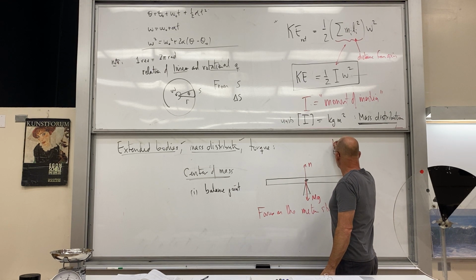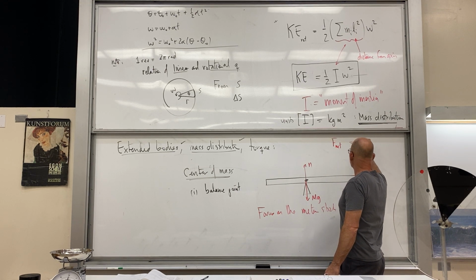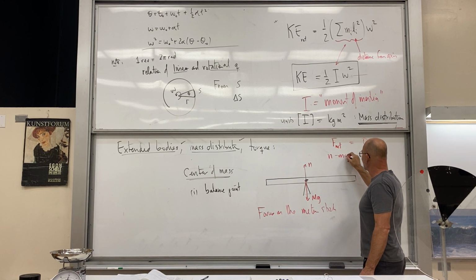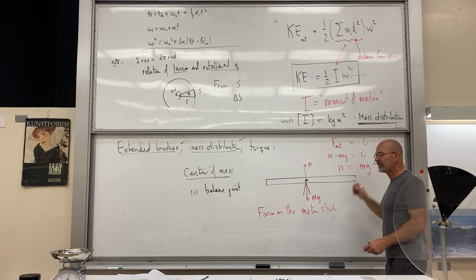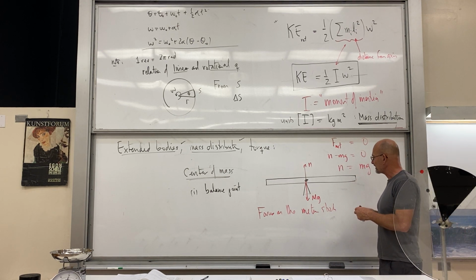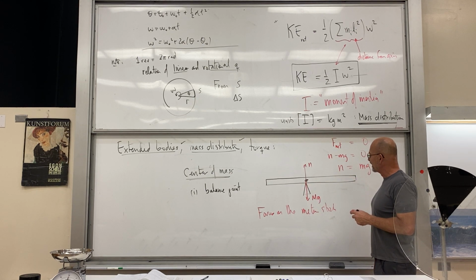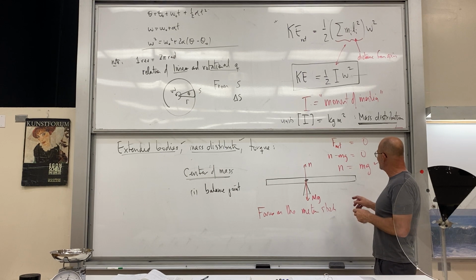Very quickly, F net equals 0, so N minus mg equals 0. The normal force is just mg. We've been there before.